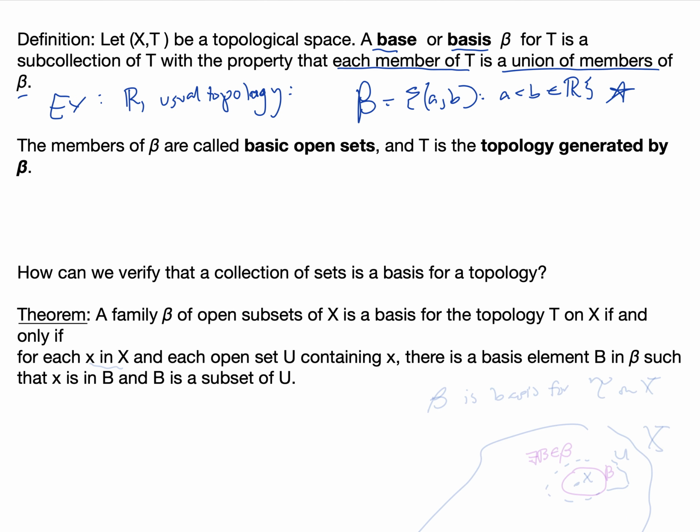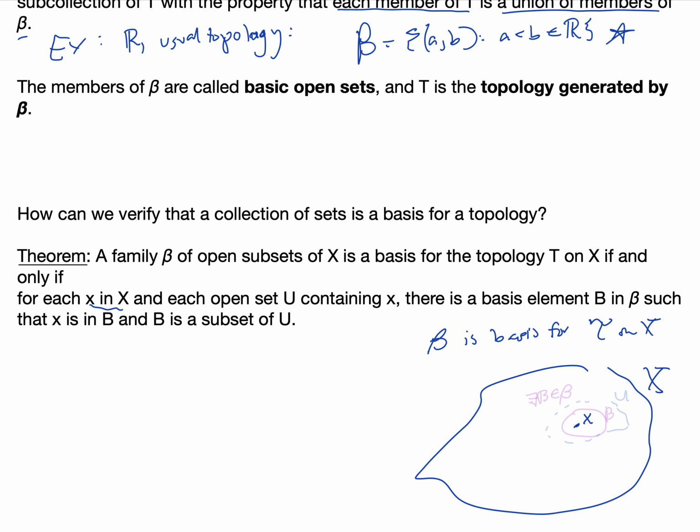We stated this above, but we'll also verify it using the theorem below: a family beta of open subsets of X is a basis for the topology tau on X if and only if, for each x in X and each open set U containing x, there is a basis element B in beta such that x is in B and B is a subset of U. So we say that beta is a basis for the topology tau on X if for any x in the big set X and any open set U containing x, there exists some B such that B contains x and B is a subset of U.